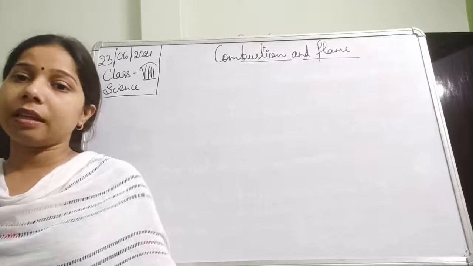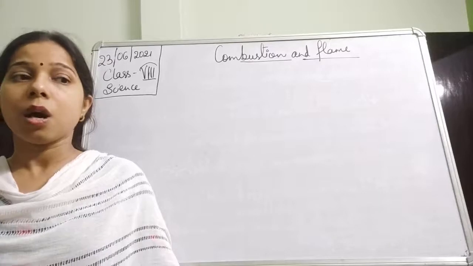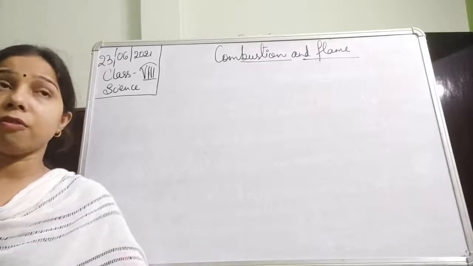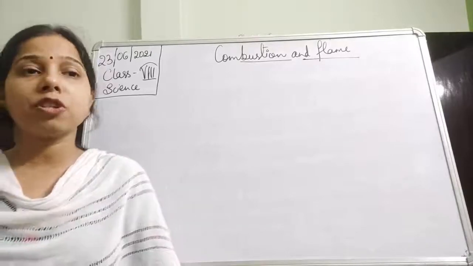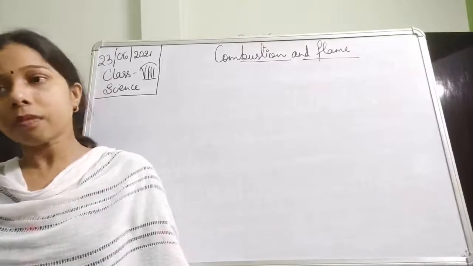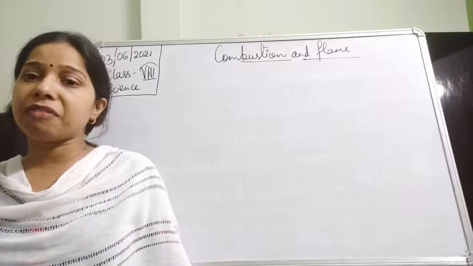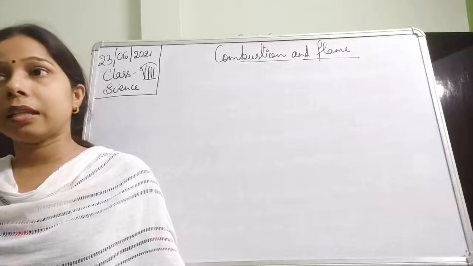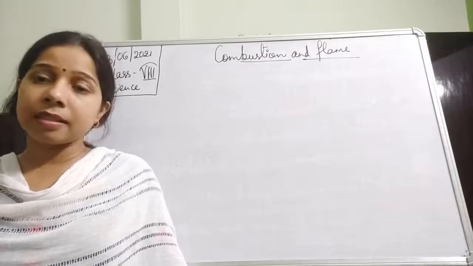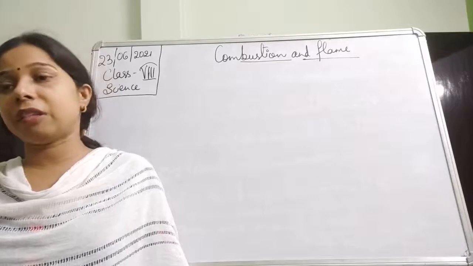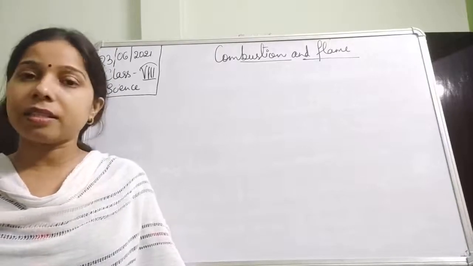After that, we have seen that a flame happens when a fire occurs, and what are the reasons by which a fire occurs, students? The process of combustion can occur because of some necessary conditions, and if we want to extinguish a fire, we should see that if any of the three essential conditions is not fulfilled, then the fire will get extinguished.